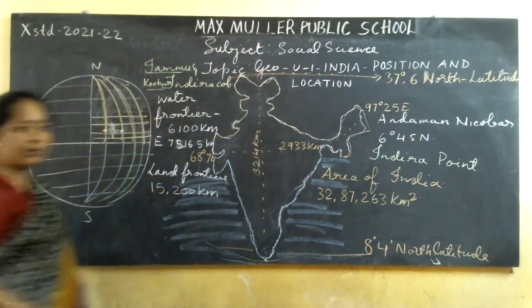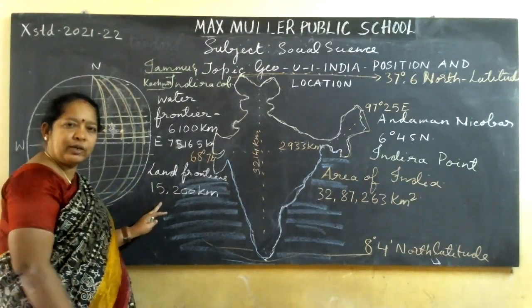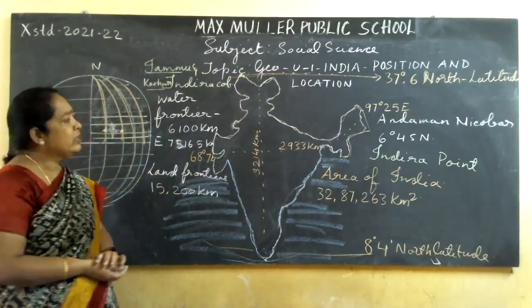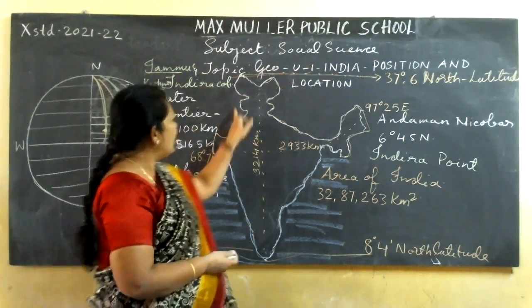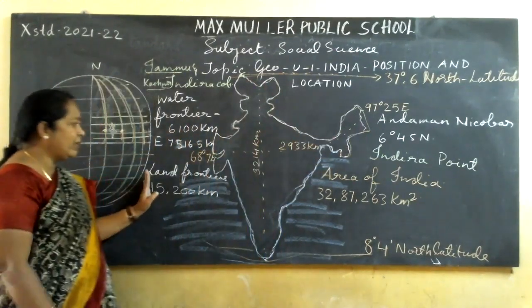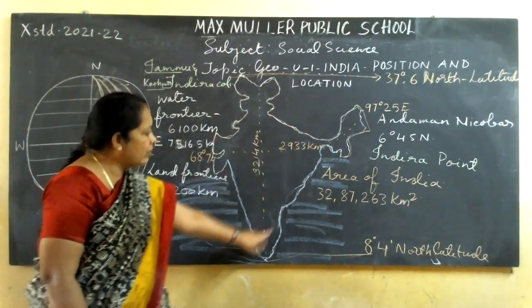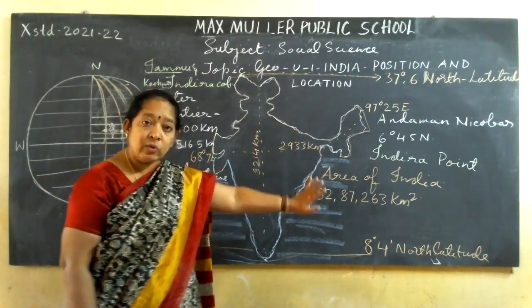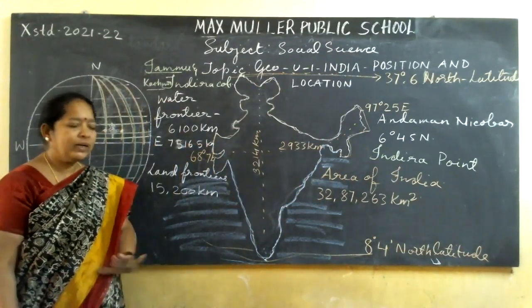Got it? 15,200 kilometers. You got my point? See, this is India, right? So we have land border of 15,200 kilometers, and water border, excluding Andaman and Nicobar, is 6,100 kilometers.